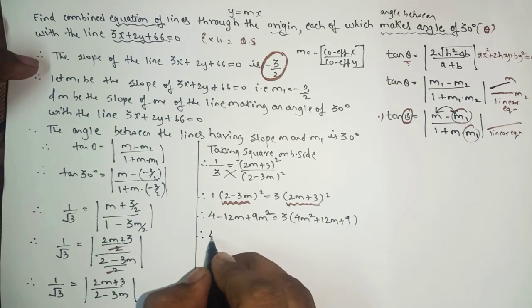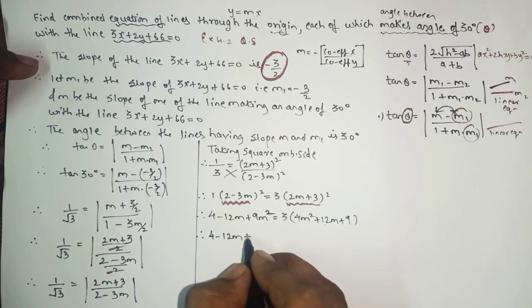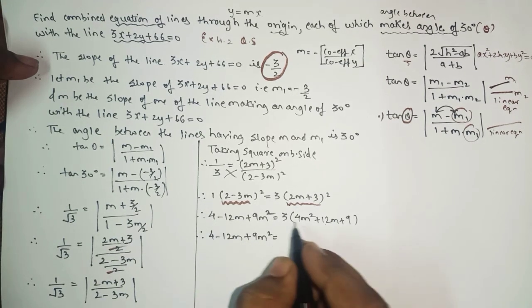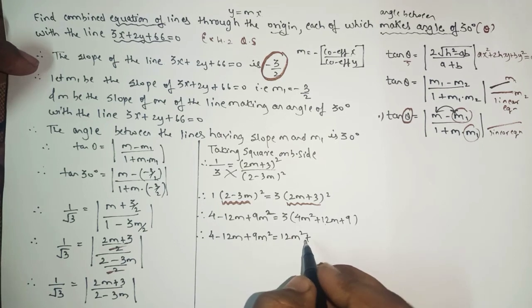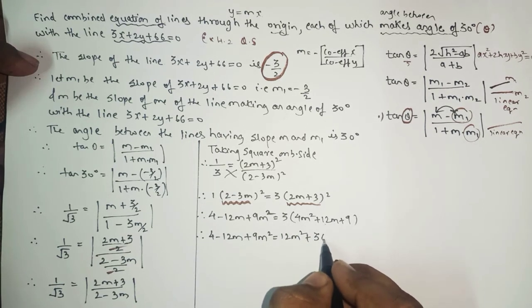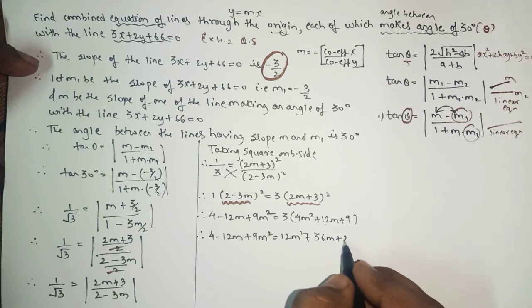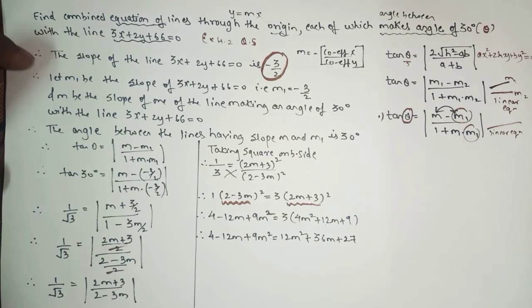After this, 4 minus 12M plus 9M square equal to, bracket open with 3, multiply, so you will get 12M square plus 3 12s are 36M plus 3 9s are 27.